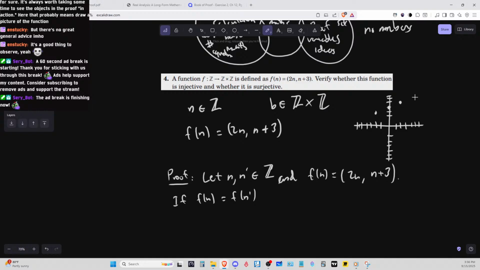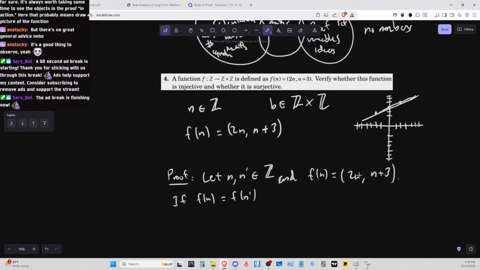So it's just going to be a line that goes like this. So I think it is injective because based on the way this graph behaves, it's just a straight line at that point.